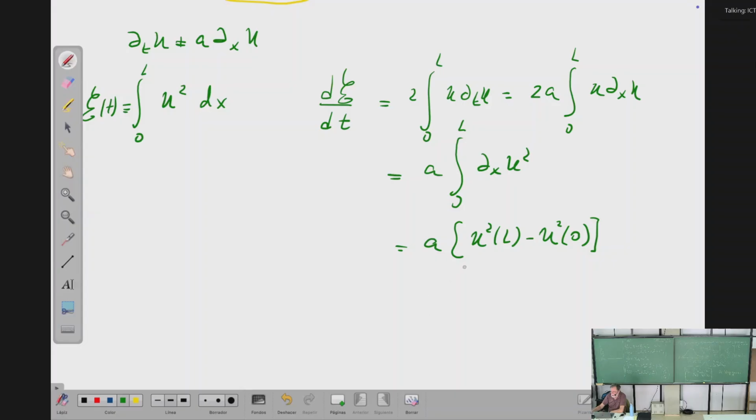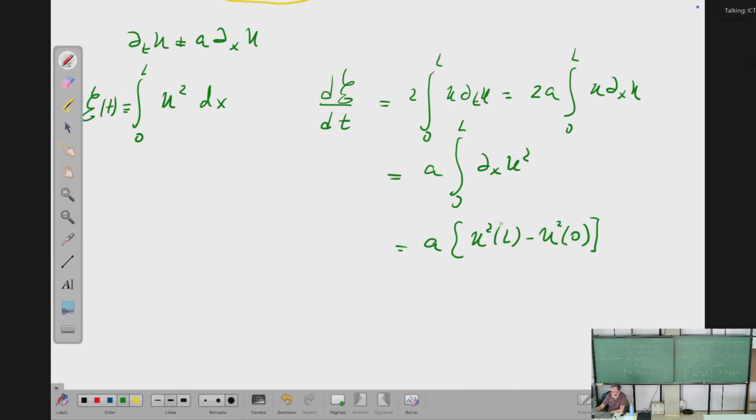But here we don't get a conservation, right? We have that whatever is in u at L is increasing the energy, and whatever is here is decreasing the energy, right? So if I want to have a bound on the energy, here I don't need to do anything because this is negative. It's a negative number because, say, I'm taking a positive.